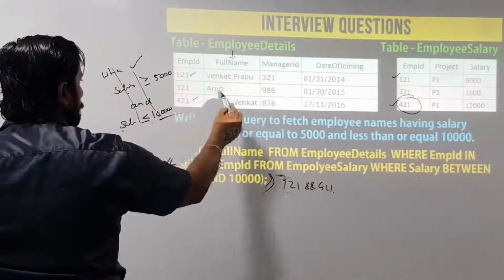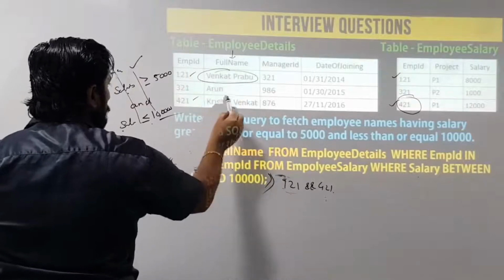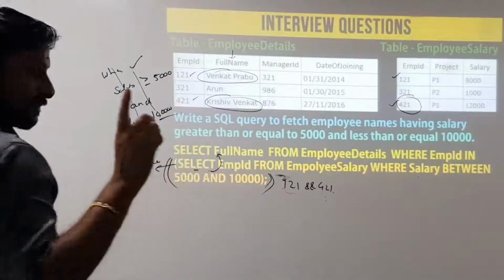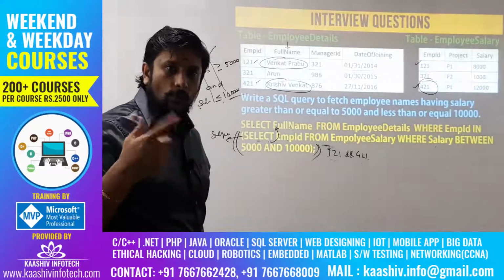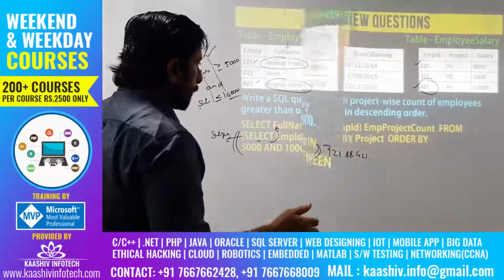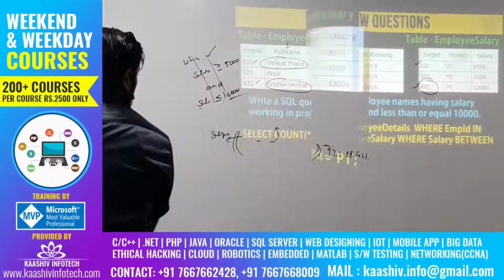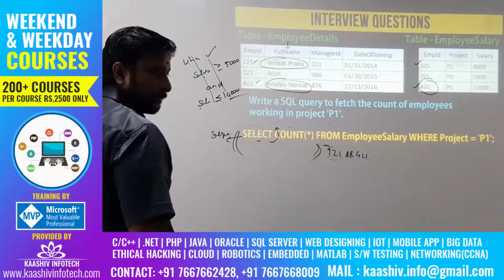So for 121 and 421, I'll get the data as Venkat Prabhu and Krishi Venkat. Okay, this is one way of writing the query. Let's move on to the next way of writing the same query.